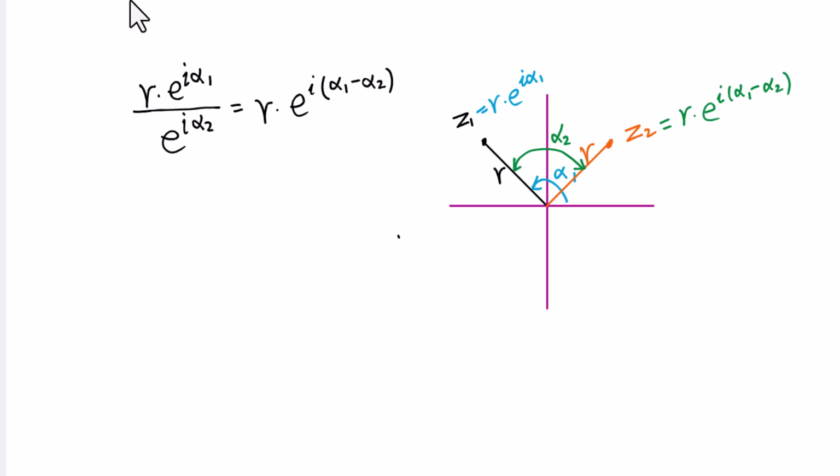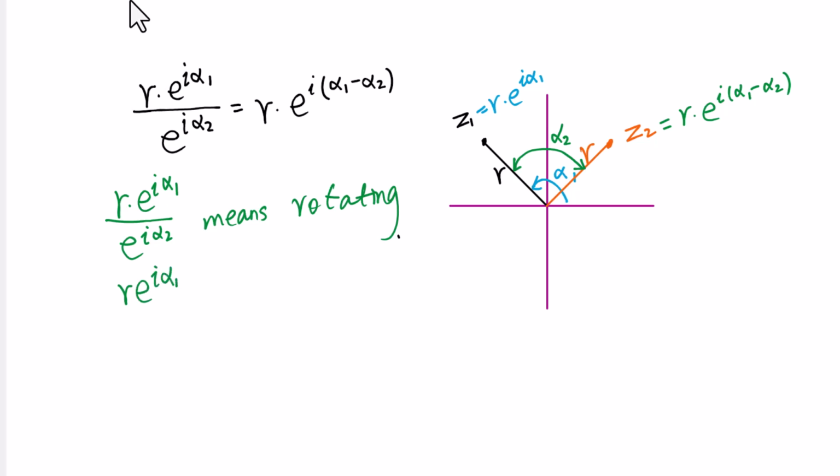From this diagram, we could say r times e to the power of i alpha 1 over e to the power of i alpha 2 means rotating r e to the power of i alpha 1 clockwise alpha 2 angle.